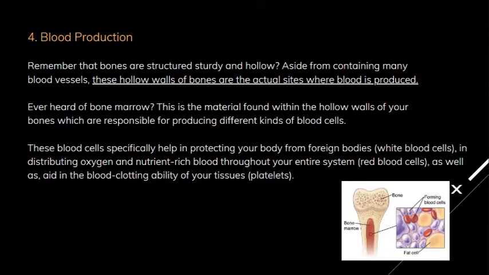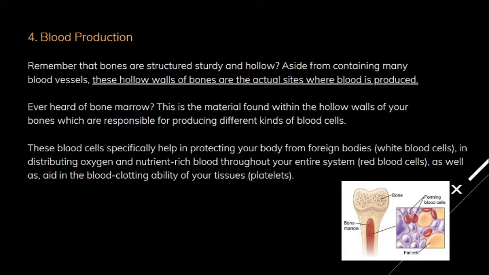These blood cells help in protecting your body from foreign bodies, like white blood cells; in distributing oxygen and nutrient-rich blood through your entire system, red blood cells; and as well as aid in the blood clotting ability of your tissues, or what we call platelets.